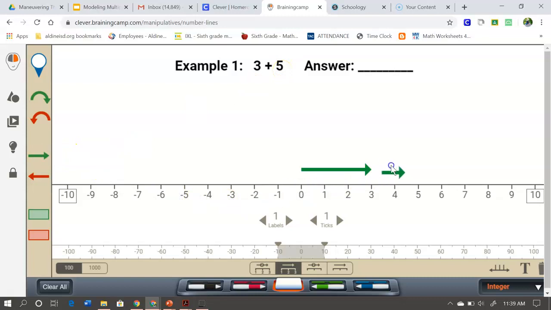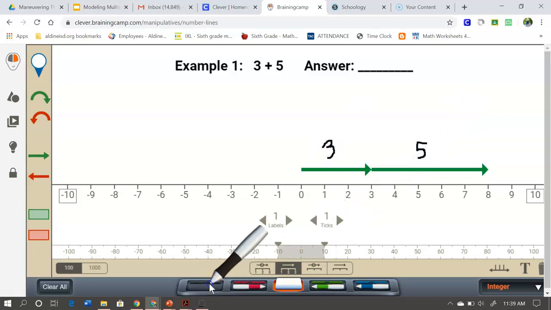It's going to start where the first one ends, and then I'm going to count 5. Now this arrow is not going to go to 5 here. I need to add 5. So 4, that's 1, 2, 3, 4, 5. Okay, so this arrow is representing 3. And this arrow is representing 5.